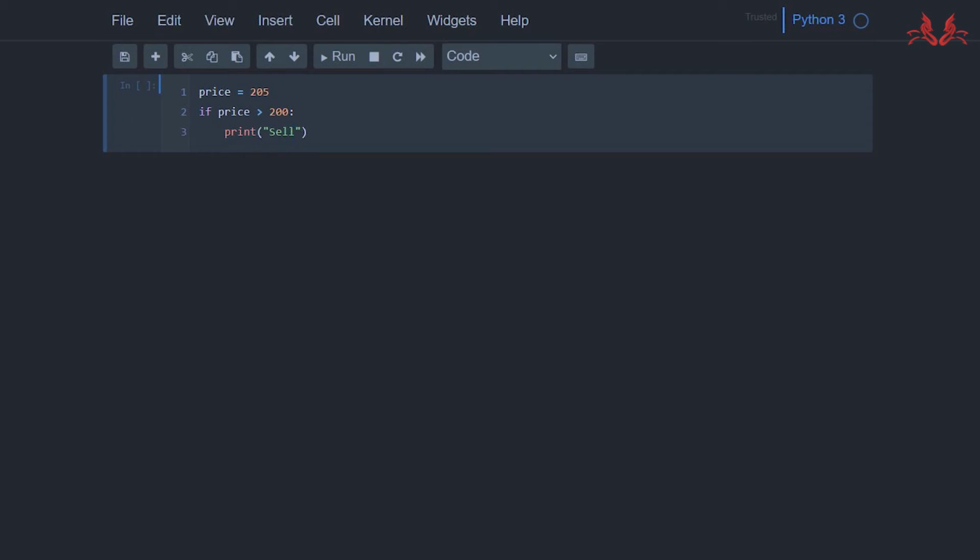Flow control of the if statement means if price is larger than 200, the program will execute the output sell or not. Alright, execute it and see what will happen.